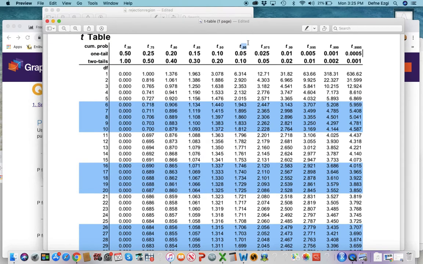So this is the area information that I would get if I were looking up t sub alpha over 2 or t star. But if I look up my sample t-score, then I'm going to get p-value information.